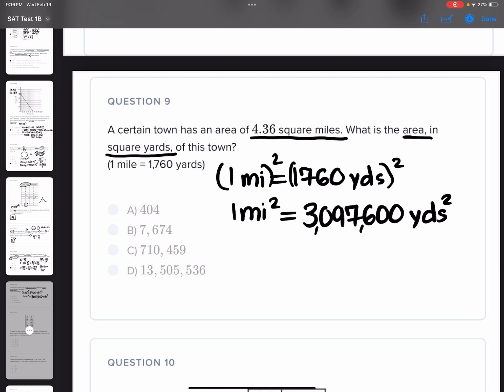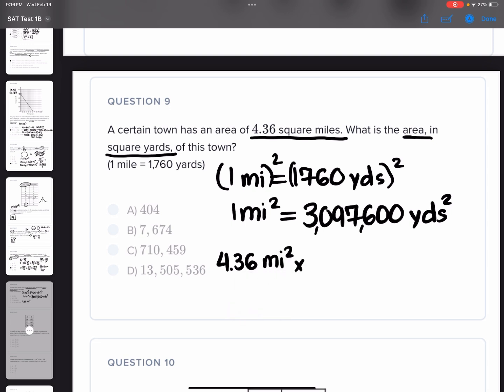That was magical. And now, since we are in terms of square miles, we can finally convert to our square yards, because we're talking about square yards. We're talking about square miles and square yards now. Great. This is awesome. And for every one, we can just set up an equation for this. We are given 4.36 square miles.